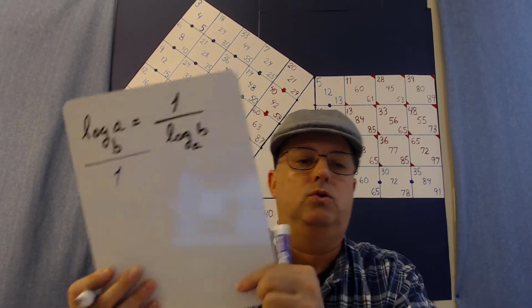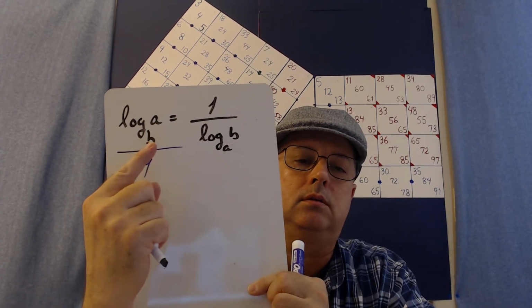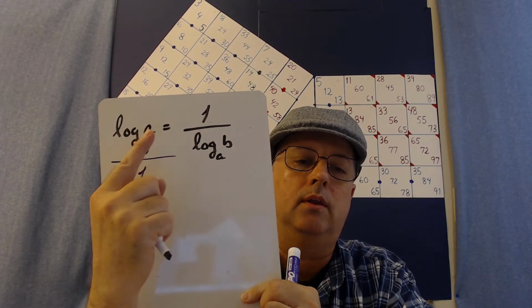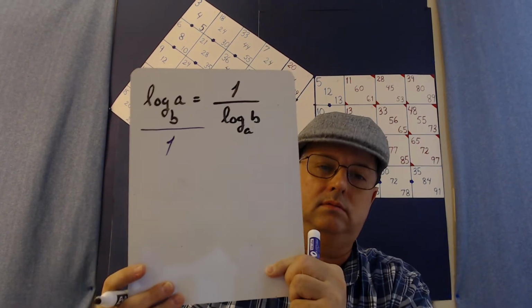We would have 1 over the log base a of b. So when we take the reciprocal of a log, the base becomes the argument, and the argument becomes the base. They change places. That's a pretty extraordinary feature, right? Okay, let's see how that works.